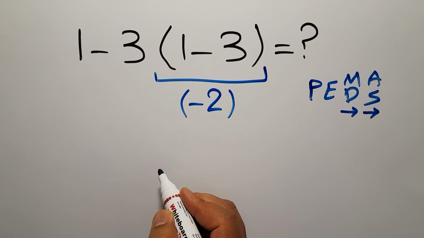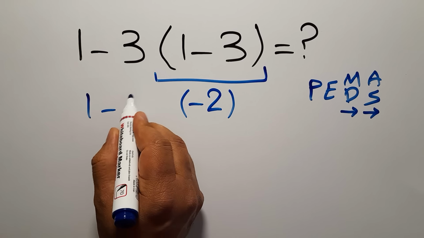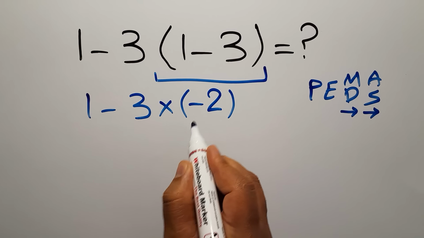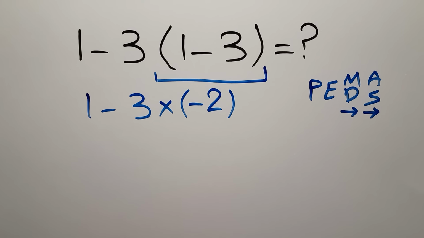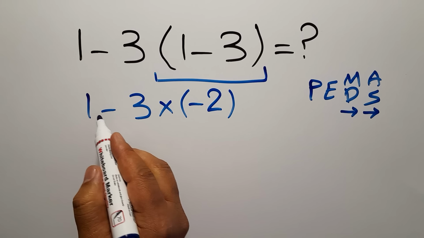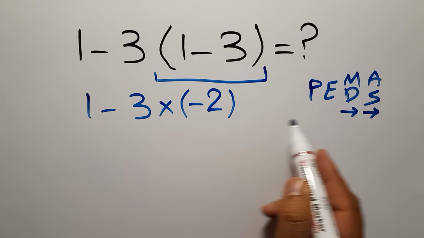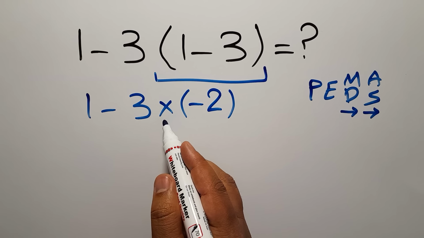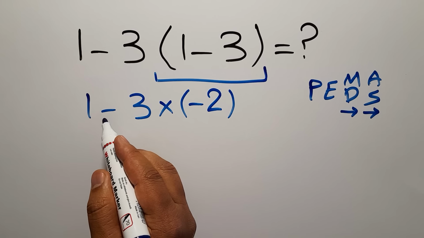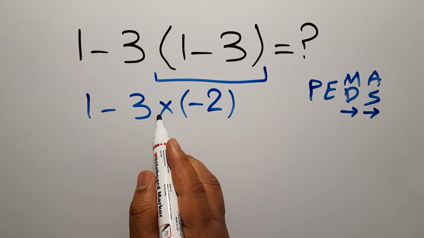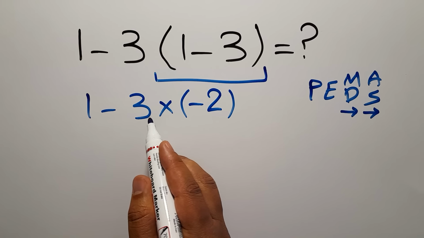Okay, so 1 minus 3, then times negative 2. Now we have one subtraction and one multiplication. In PEMDAS, multiplication comes before subtraction. So now we have to do this multiplication.